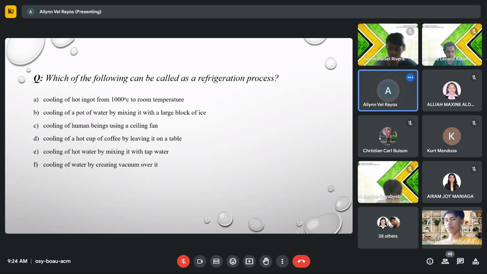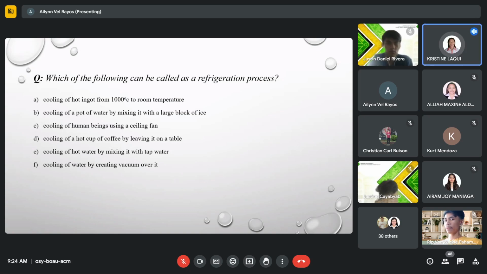Next, letter D. Christine, Lucky. Cooling off a hot cup of coffee by leaving it on a table. I think it is not refrigeration. Okay, that is correct.